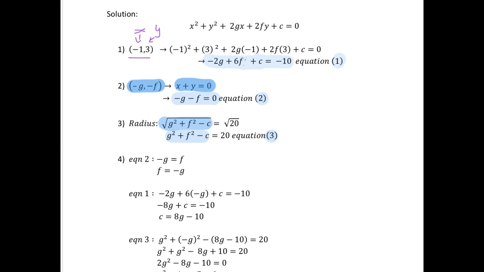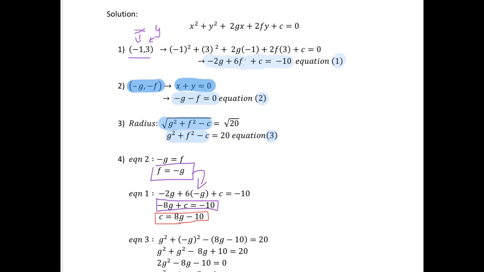We get that -8g plus c is equal to -10. From that, I get the value of c to be 8g minus 10.